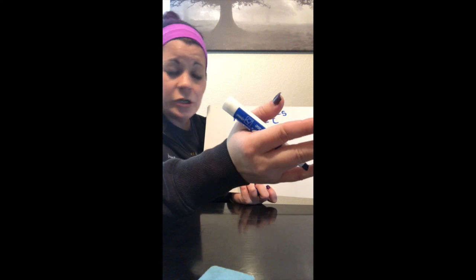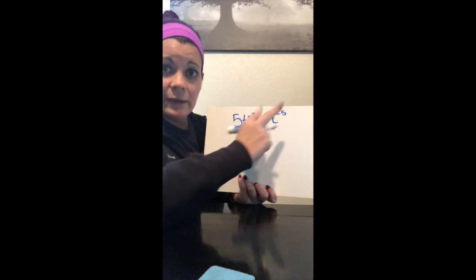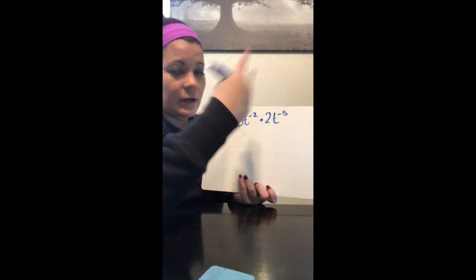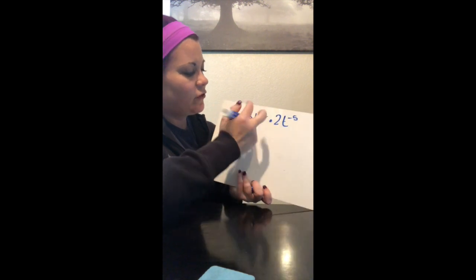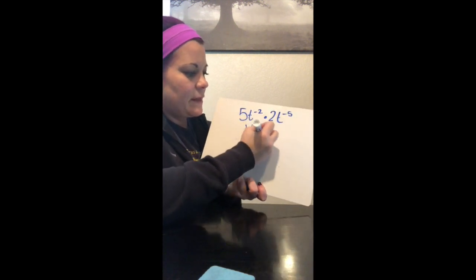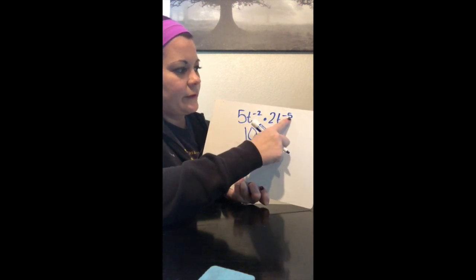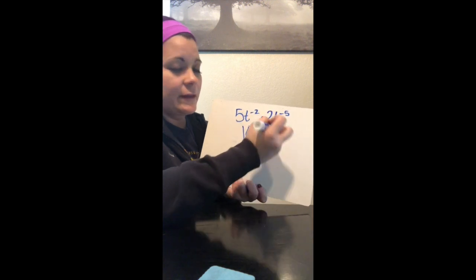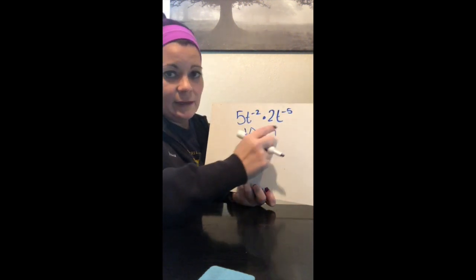Here, you can either simplify the negative exponents first, or you can just multiply them and do the exponent rule. It doesn't matter, I'll do both ways. So 5 times 2 is 10, and then negative 2 plus negative 5 is negative 7. And then I need to simplify the t to the negative 7.